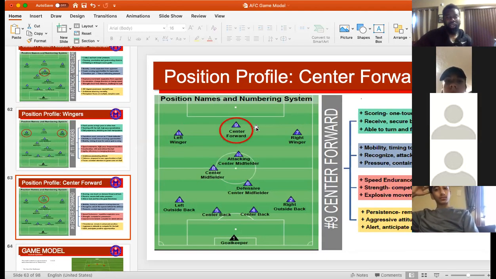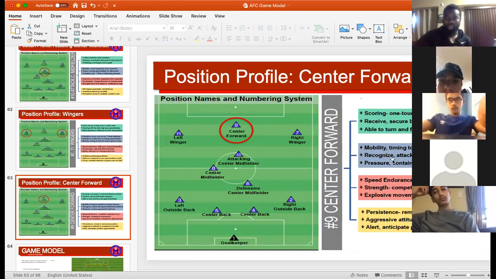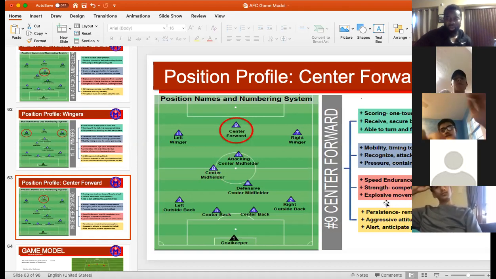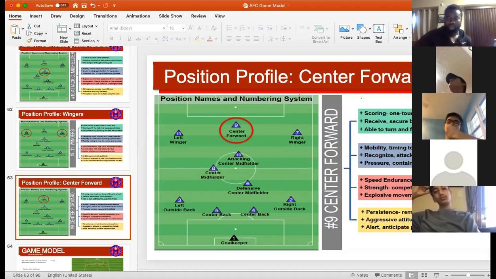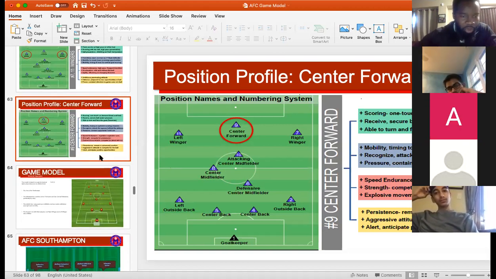Then your number 9, your guy over here, again, you just go goal, 1 touch, 2 touch, demand, good hair, good feet, receive, secure the ball under pressure, able to run and turn and face the goal, mobility, timing, optimize scoring chances, recognize attacking, speed, endurance, repetitive explosive runs, strength, compete for possessions and explosive movement, compete for services. All this stuff you need to be able to compete, be strong, be aggressive. Need to be able to do all that.